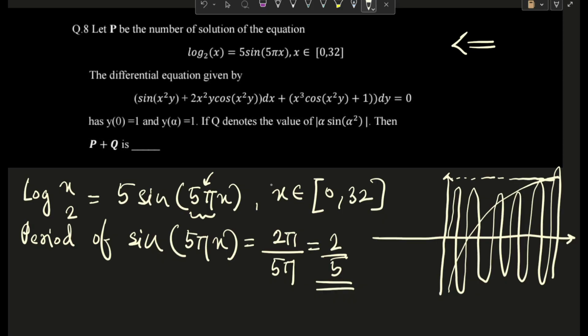Okay, and now I guess you can understand that x is from 0 to 32, and one thing you can also understand is that this sine curve will obviously pass through 0 comma 0. Okay, so basically it passes through this point. Now if we want to find out the number of intersections, you can understand that 0 to 32 is x equal to 1, 2, 3, right?